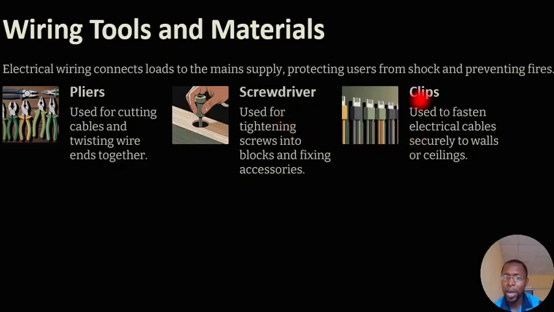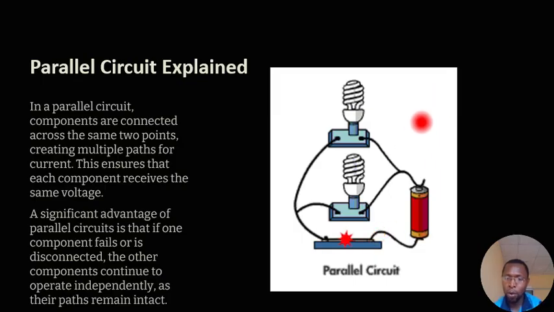Then we have what we call the clips. We use the clip to fasten electrical cables securely to wall or ceiling. So when you are required to hold the wires against an object, that's where the clip comes in. When we go back to this place, maybe you want these connecting wires here to be held to the wall.